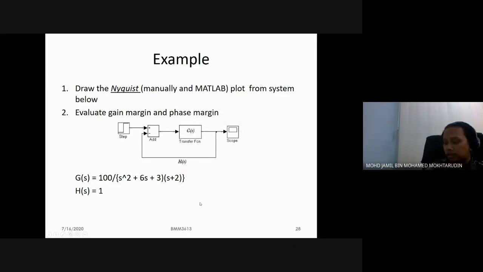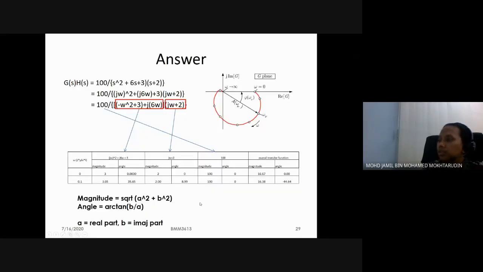So first, convert all s equals j omega. When you get s squared, you get j omega squared, so you get minus omega squared, because j squared is minus 1.